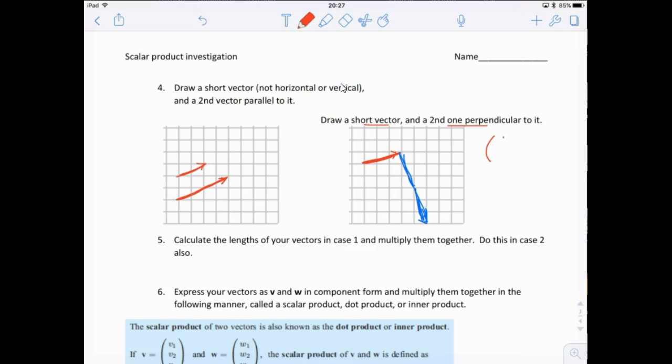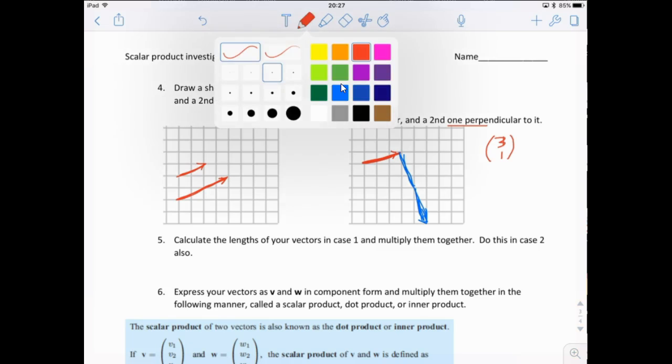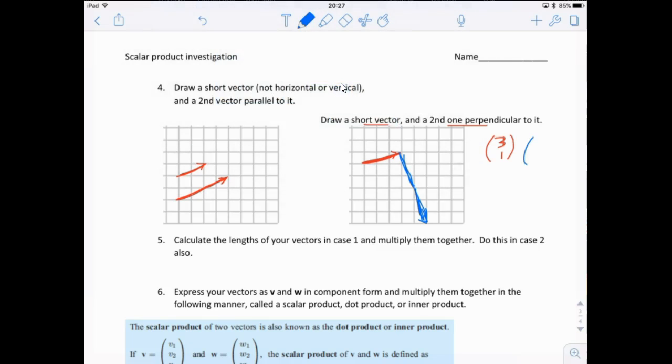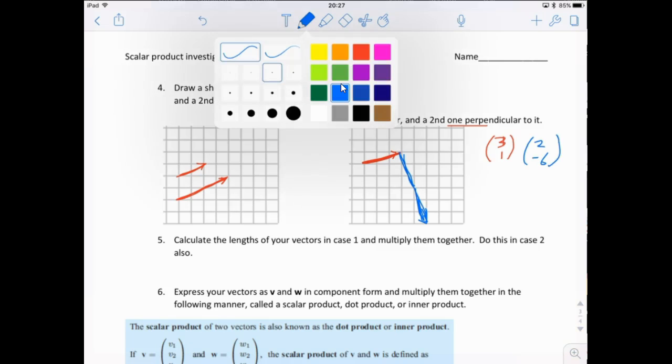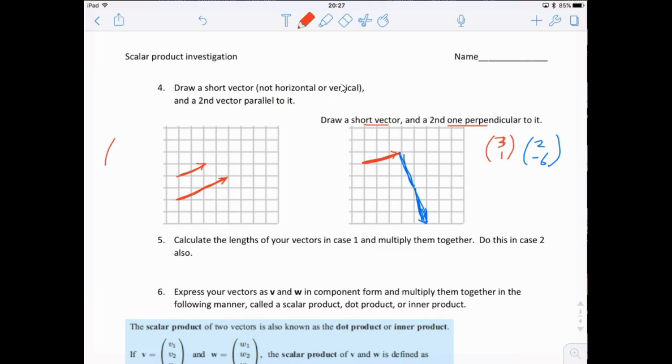So this one here is 3, 1, right? And the blue one is 2, -6. And these parallel ones here, one of them is 2, 1, and the other one is 4, 2.